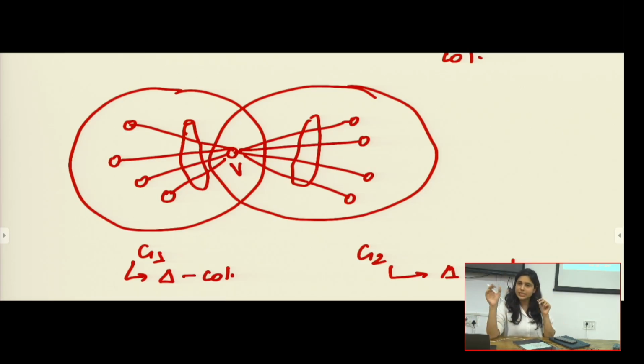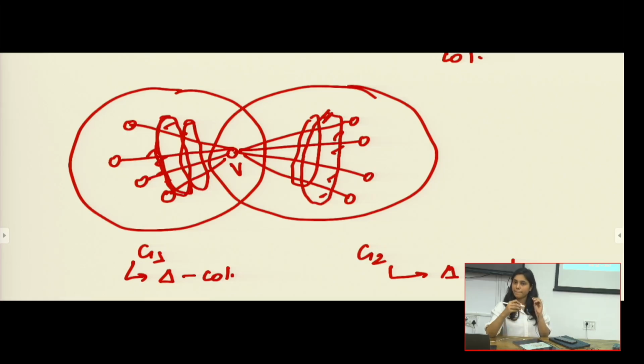Now we just need to extend that coloring to a delta coloring of G. In this coloring, I can permute the colors such that the set of colors appearing here does not match the set of colors appearing here, because these are now disjoint parts.